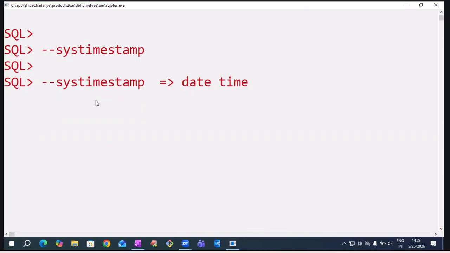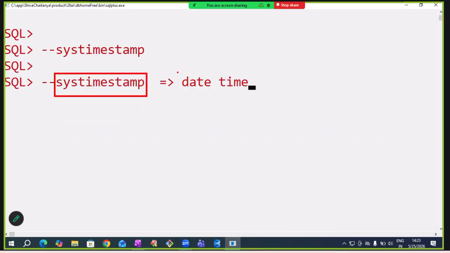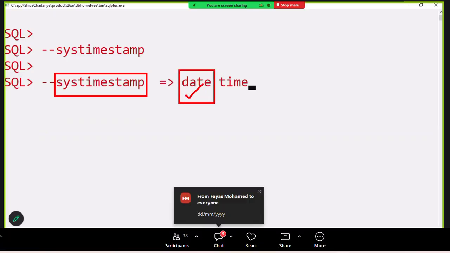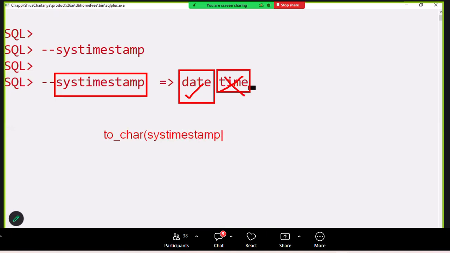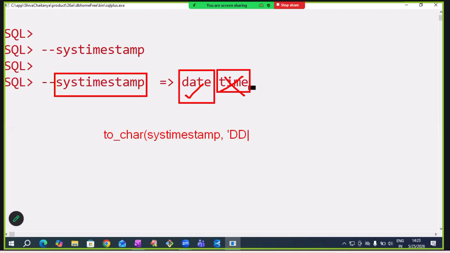One way is using to_char. Just now we have seen the same style: to_char of systimestamp of DD-MON-YY or YYYY. That's it. We get only date now.